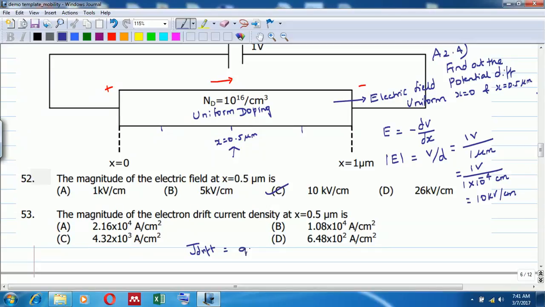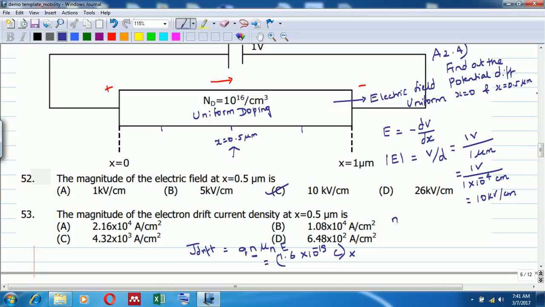So it will be Q times N times mu N times E, which is given by, we know the value of Q, it is also given in the problem, 1.6 10 power minus 19 coulombs into what is N? N is the concentration of charge carriers. So here we are doping it with donor atoms with 10 power 16 per centimeter cube.